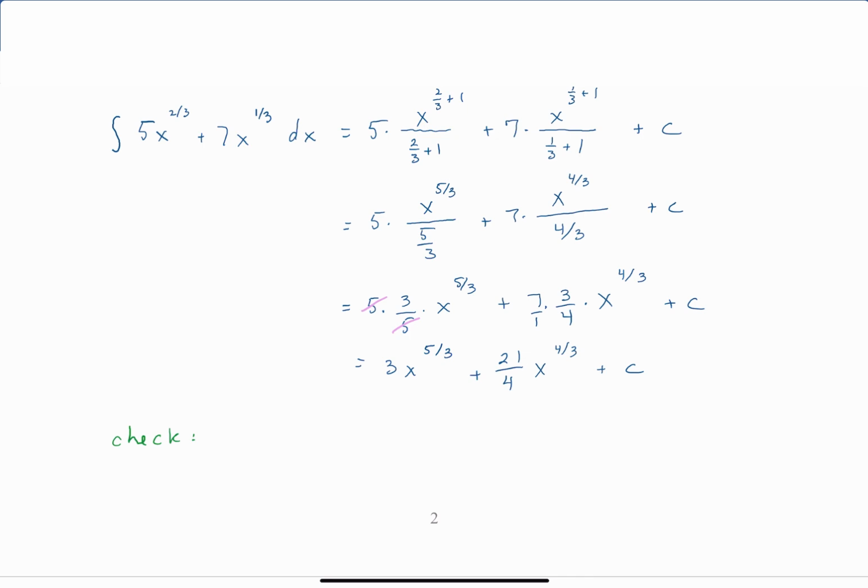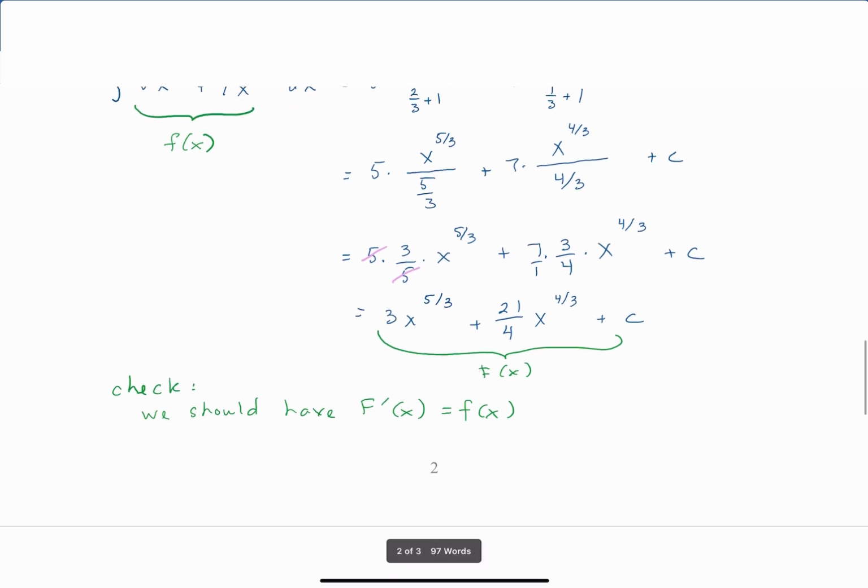So I'm thinking of this thing that I was integrating. That's like my little f of x. And the antiderivative is like the capital F of x. And if our answer is correct, then we should have the derivative of our answer being equal to that original function that we were finding the antiderivative of.